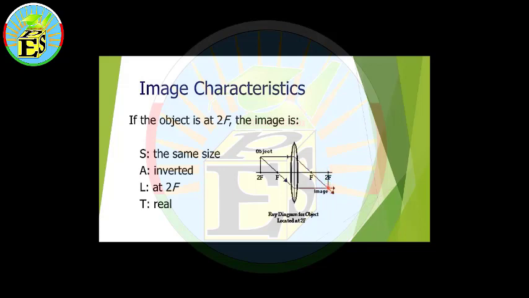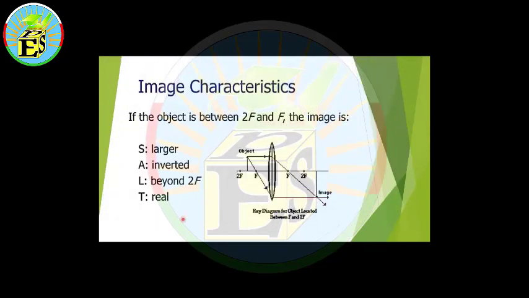What is the characteristic of the image? We can see that it has the same size and is inverted, at double f. This is the ray diagram for an object located at double f.